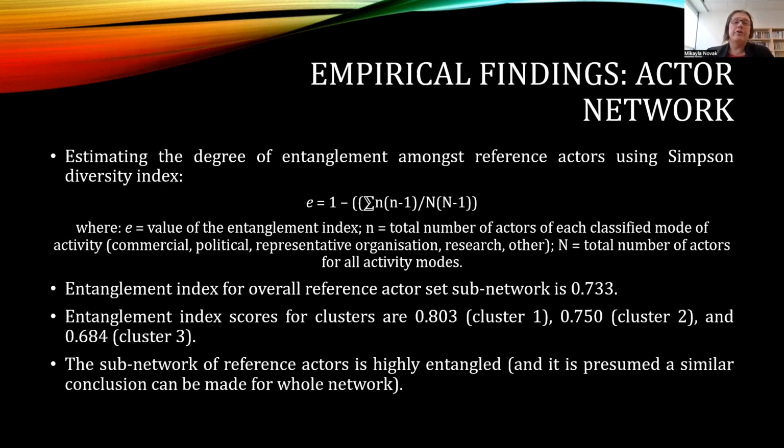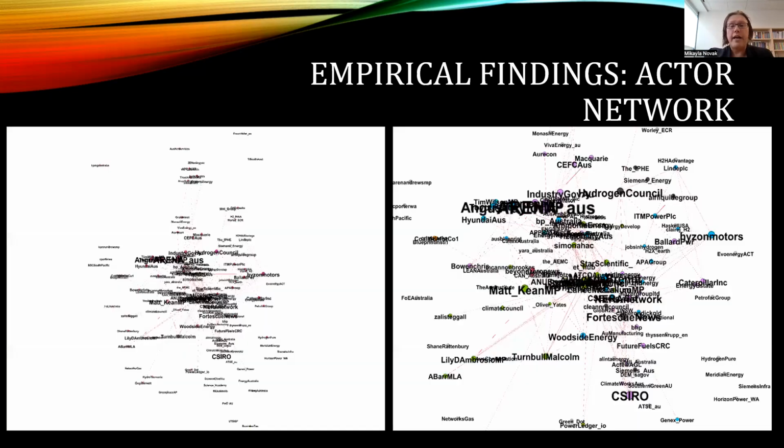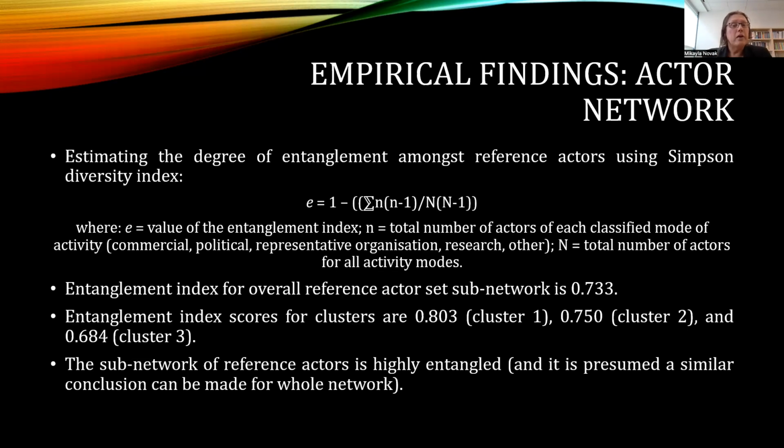So to help round out the actor network dimension of analysis, I'm interested in finding out to what extent we could establish an empirical indication of entanglement amongst those 200 actors. And so what I went about doing was to use the Simpson Diversity Index to establish the degree of entanglement amongst my initial reference set actors.